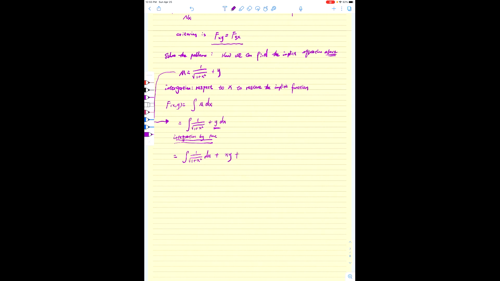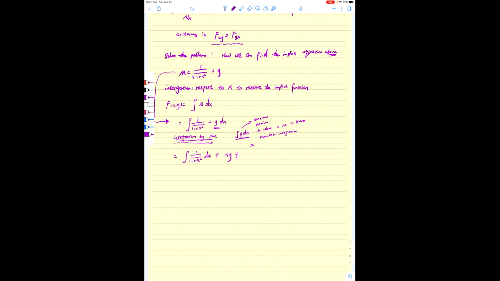This step is the integral of y dx, and we treat y as a constant, right? As some number. So there is no x here. Remember the basic integration techniques?